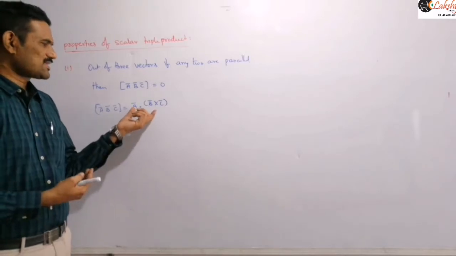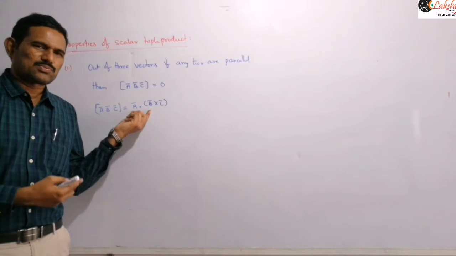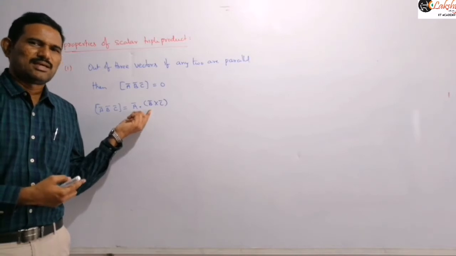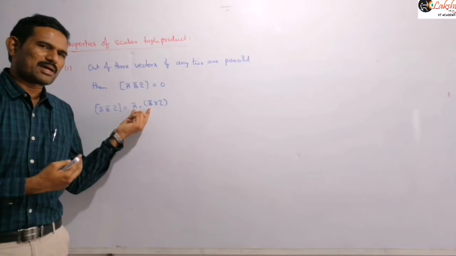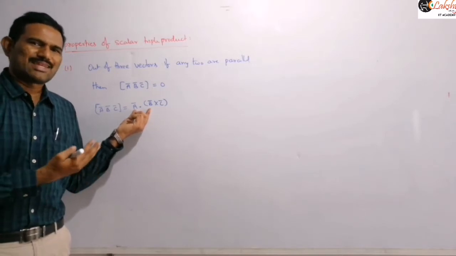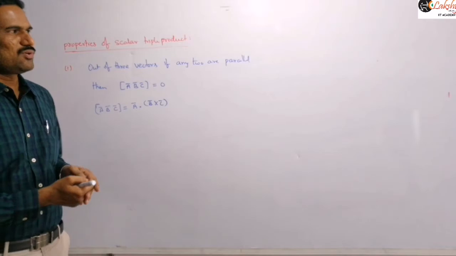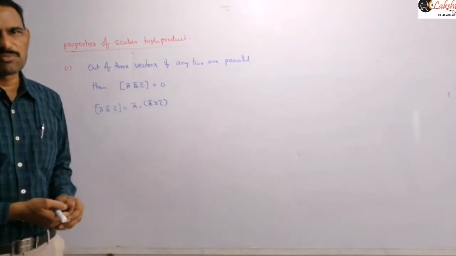Or otherwise, if A bar and B bar are parallel to each other, then we can write it as C bar dot of A bar cross B bar, right? And A bar cross B bar will be 0, the cross product of those parallel vectors. So the triple product is 0.